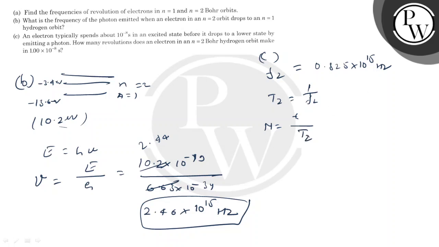So n equals t divided by T2, which is nothing but t into F2.